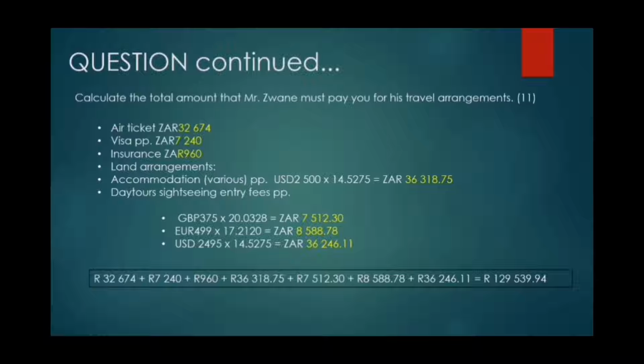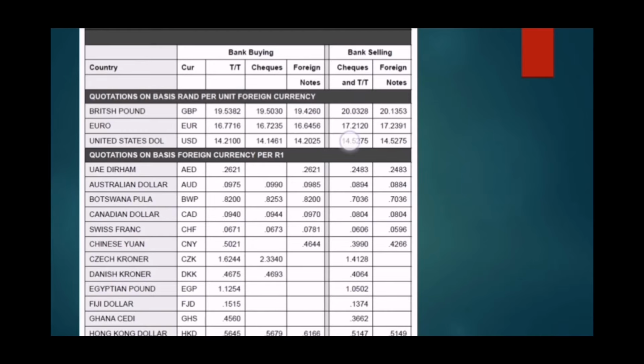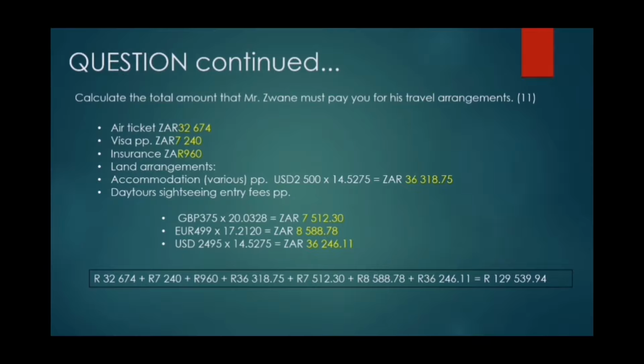So if you look under accommodation, you have 2,500 US dollars, using the ROE that we found in this table. You have 14.5275 for the US dollar in the selling rate, and that's how much you are going to multiply the US dollars by, so that you can see how many South African rands we get.